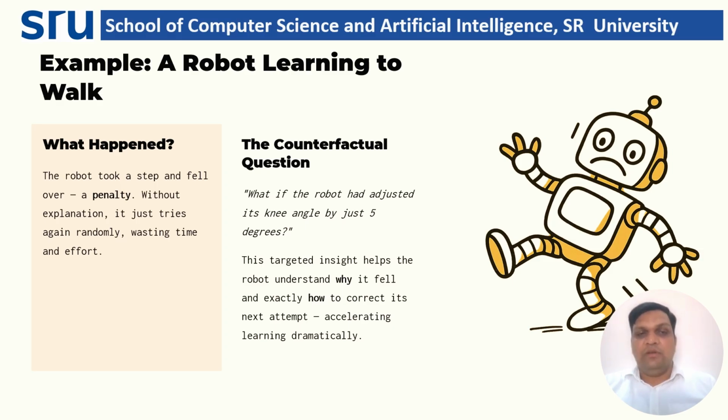Counterfactual question: what if the robot had adjusted its knee angle by just 5 degrees? This targeted insight helps the robot understand why it fell and exactly how to correct its next attempt, accelerating learning dramatically.